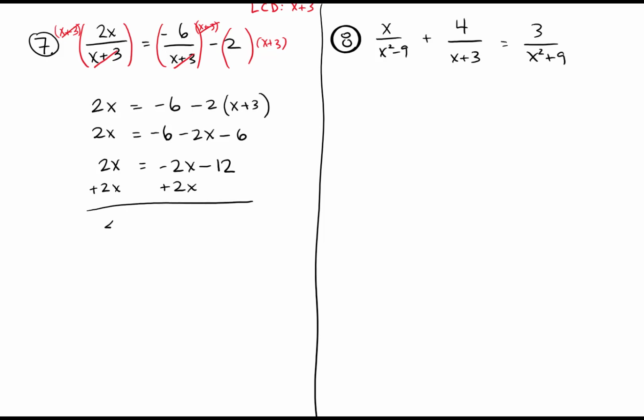And so I end up with 4x is equal to -12, dividing both sides by 4, I get x is equal to -3.